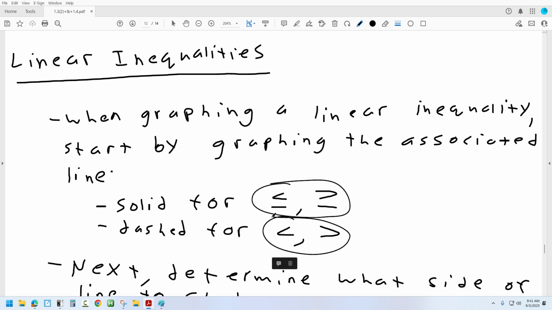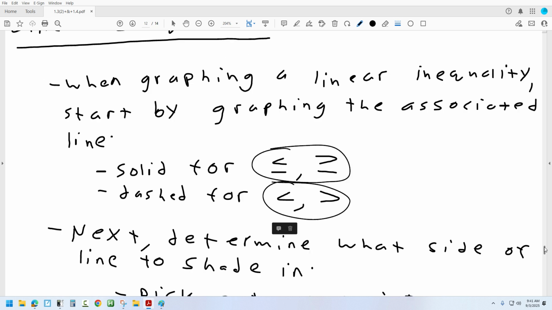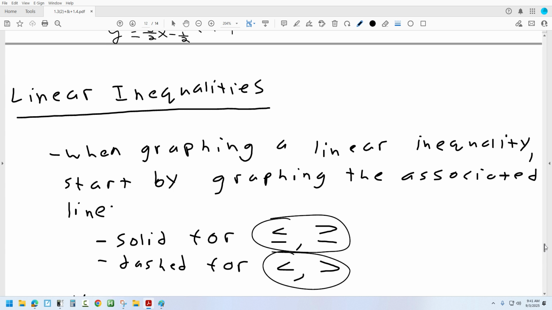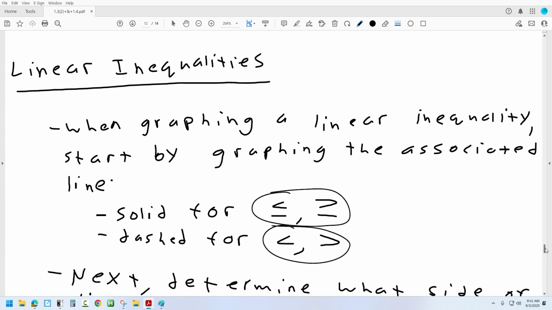Now, once you graph your line, and then you make it either solid or dotted, you have to determine what side to shade on. Okay. The easy way to figure out what side to shade on, I'm just going to make a chart here. If you have a less than or equal to, or a less than, shade below.